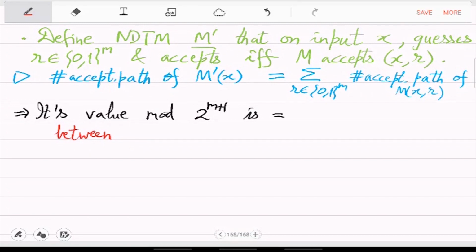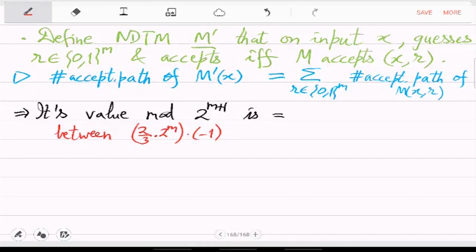So it is between -2/3 of 2 raised to m and -2 raised to m. So at least these many times you get -1, and then maybe you get a few more -1s.